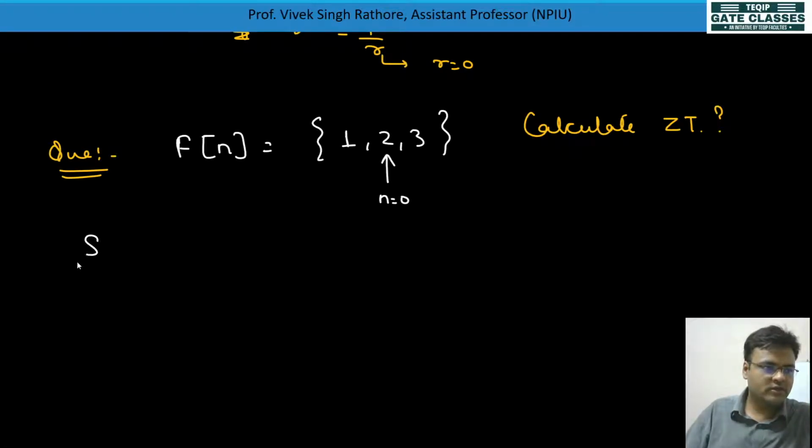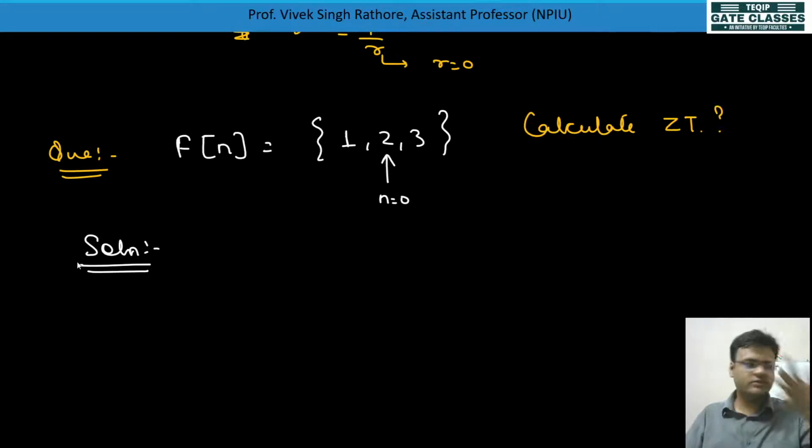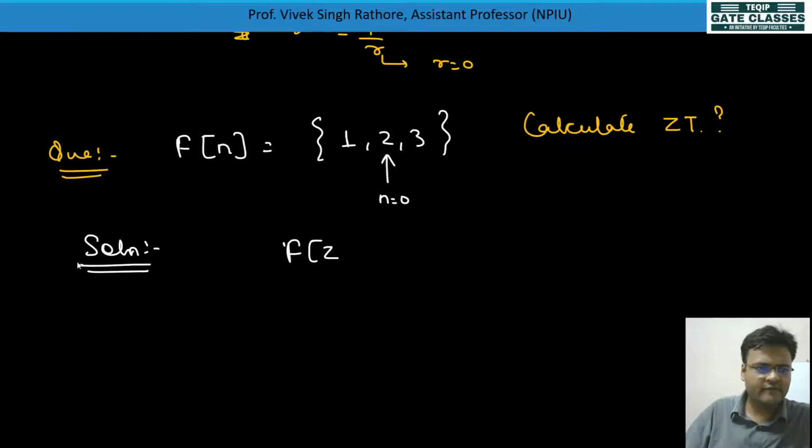So see, we'll see the solution. Directly I can do it. F of z is there, so this is n is equal to 0, so only the value 2 will be there.